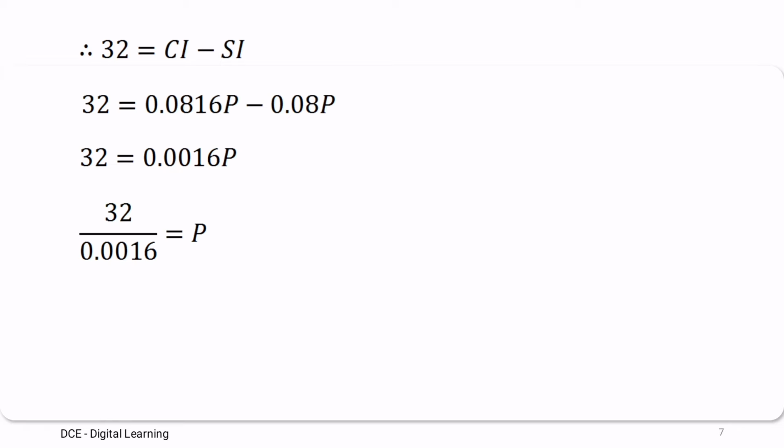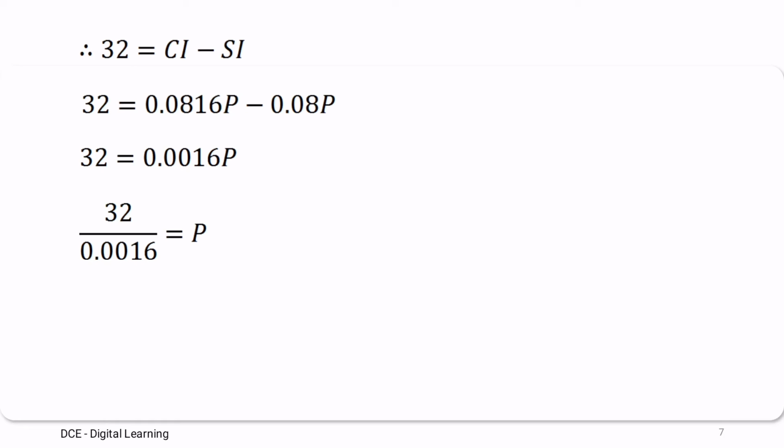Now we take 0.0016 from the right hand side to the left hand side. When we take numbers from the left hand side to the right hand side and vice versa, the sign changes. Between 0.0016 and P there is the multiplication sign.